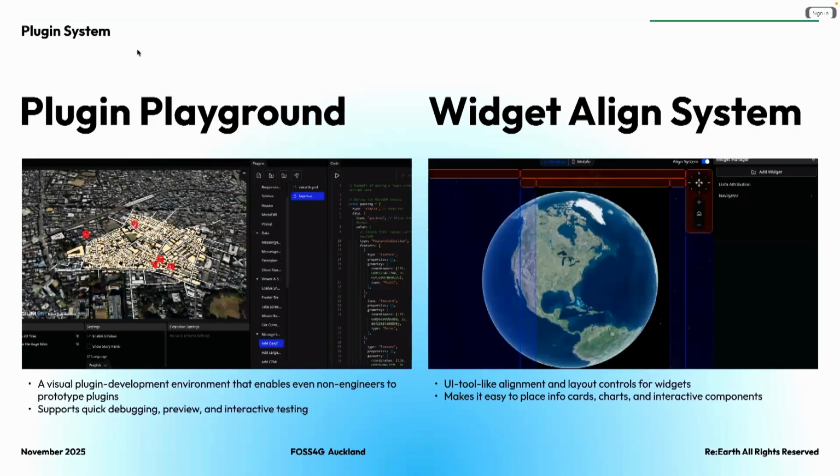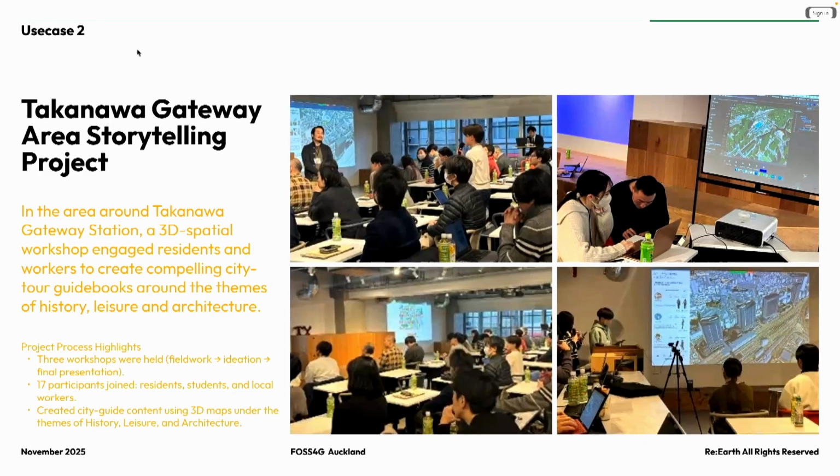Okay, so the next use case I want to share with everybody here is the Takanawa Gateway. It's a new railway station in Tokyo. And there was a workshop where the government or the station company wanted to get local people together to tell the story of the local place.